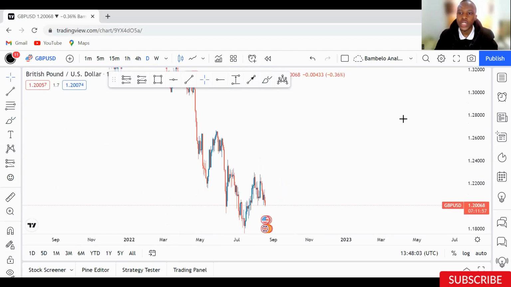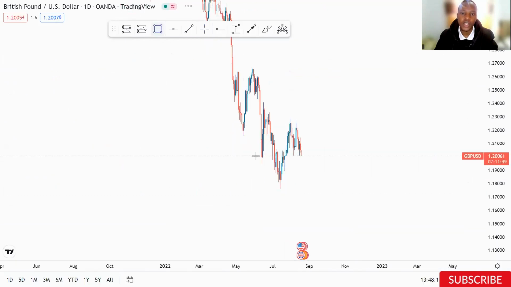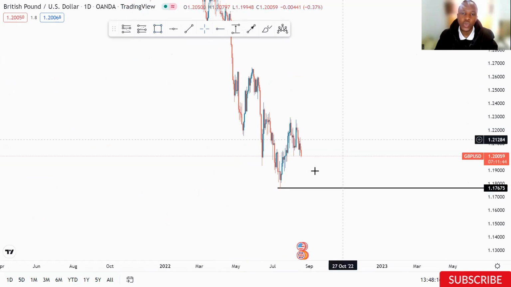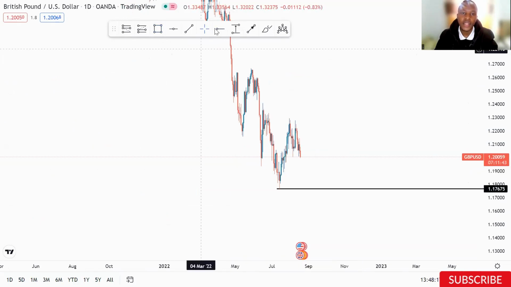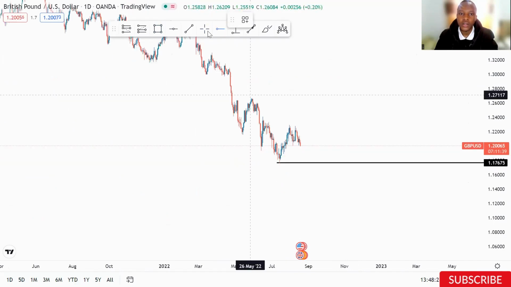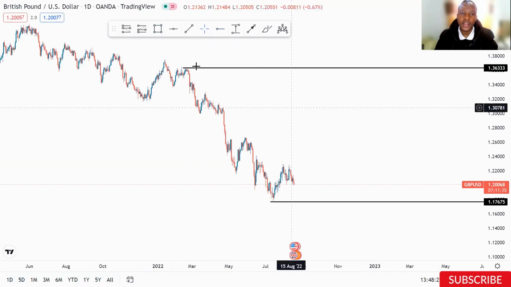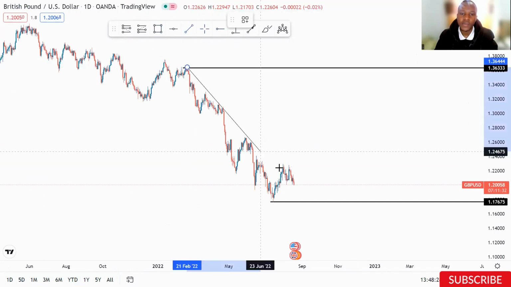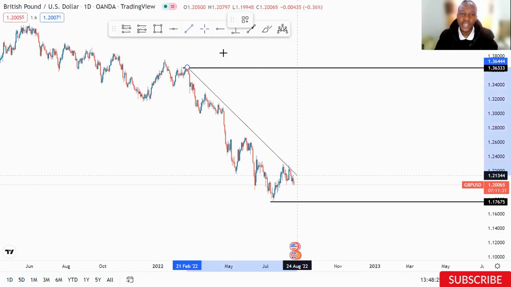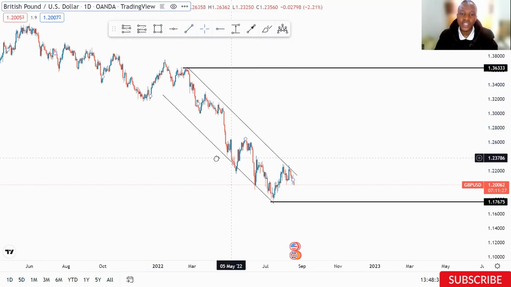What is support? Because we outlined what is resistance. So as you can literally see, when we have this market, we have this low, right? And then we have that high, and then we have this bearish type of structure.